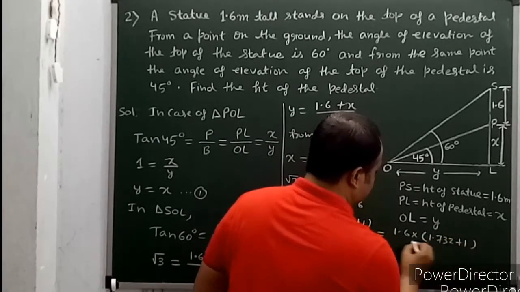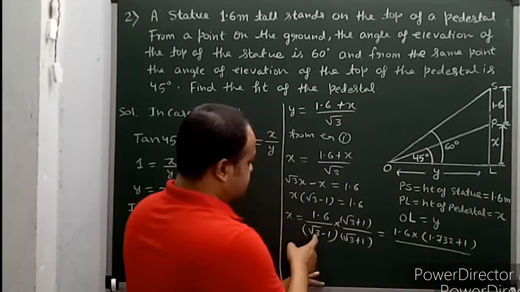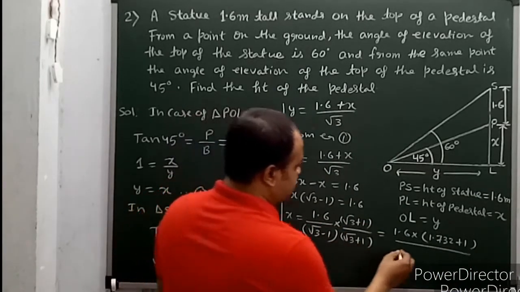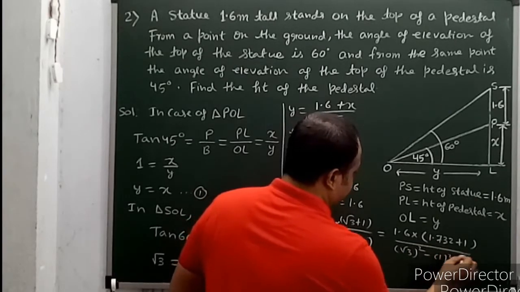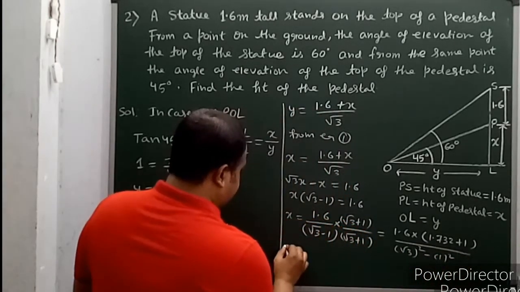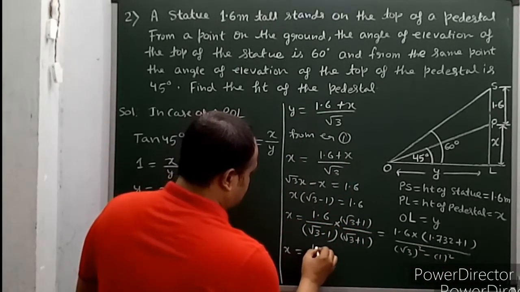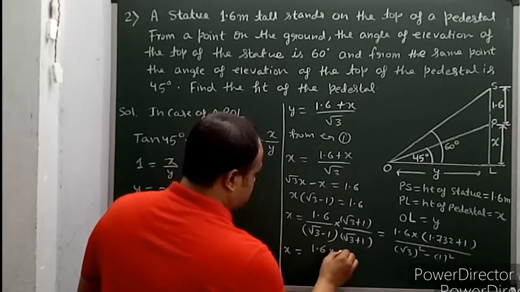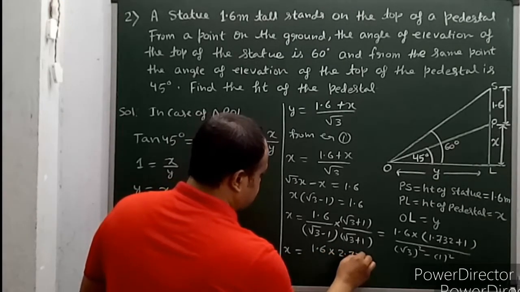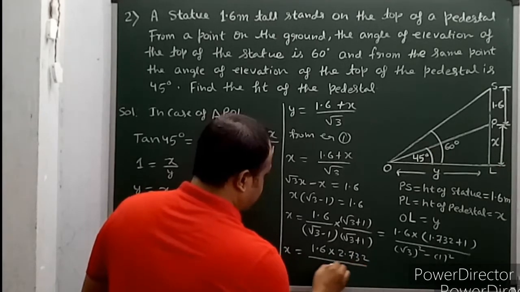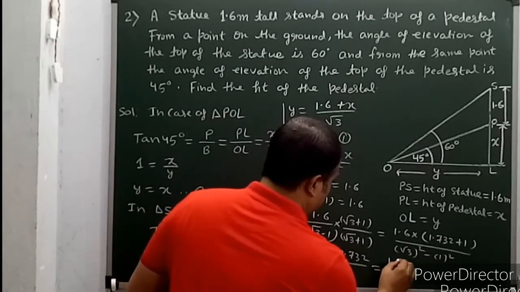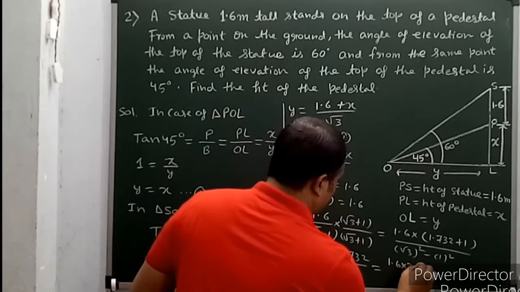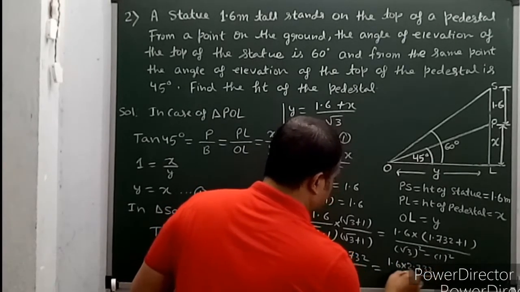1.732 plus 1 by, this is a minus b into a plus b, it means a square minus b square. We will get 1.6 into 2.732 by 3 minus 1, that is 1.6 into 2.732 by 2.